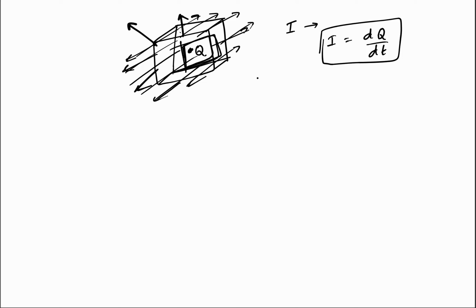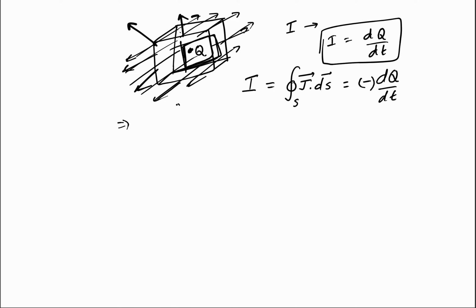So writing in terms of equation, I can write the total current I going outside from the surface bounding this volume as the integral of j dot ds over all the bounding surfaces, and it should be equal to the rate of decrease of the charge inside that volume. That's why this minus sign has come.